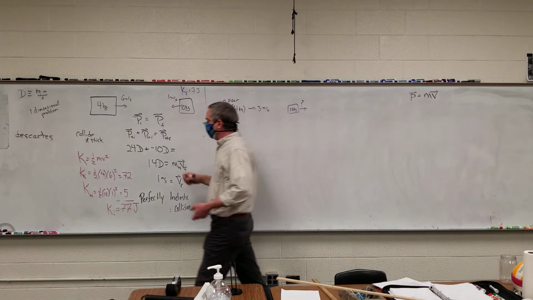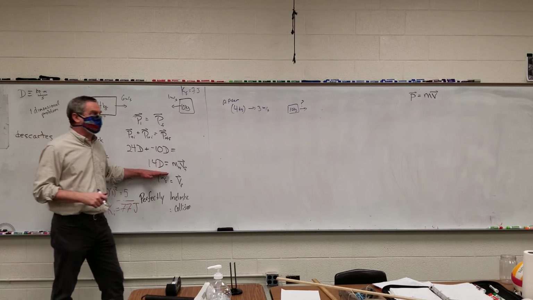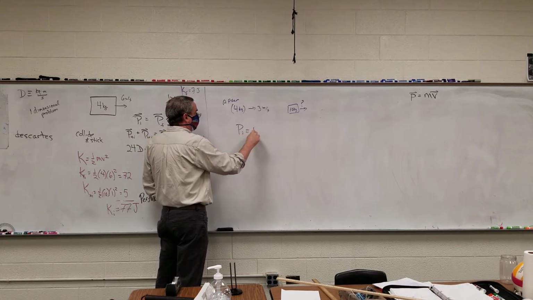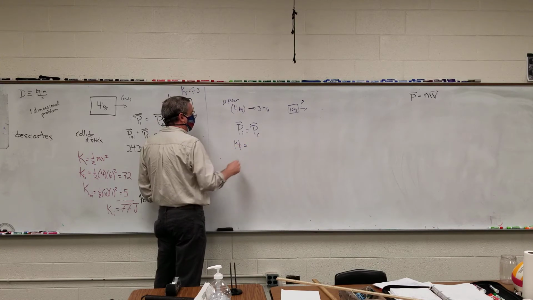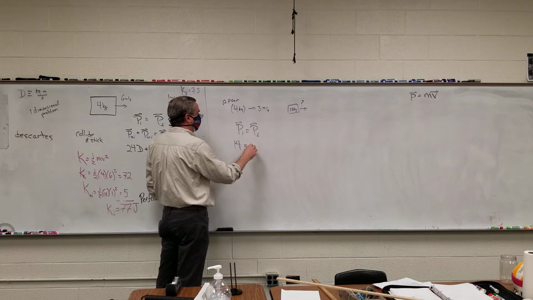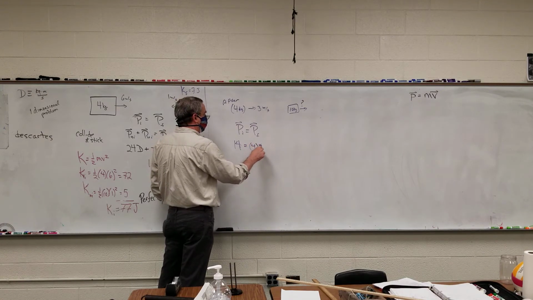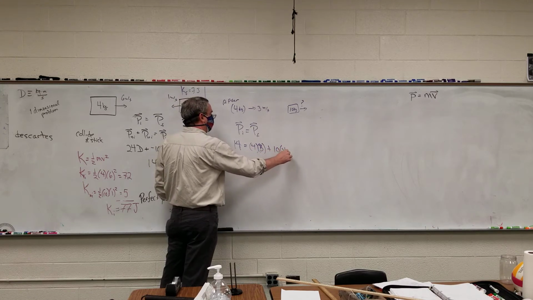Again, closed system, I know momentum is conserved. I start out with 14, that does not change. So P initial equals P final. At this point, you can get even lazier and just not write units because we know what they are. This is going to be 4 times 3 plus 10 times its final velocity.